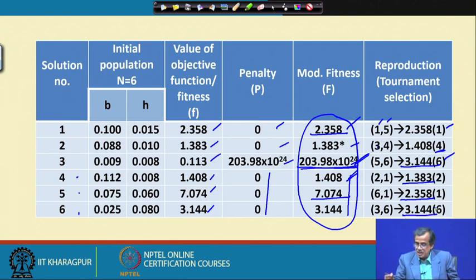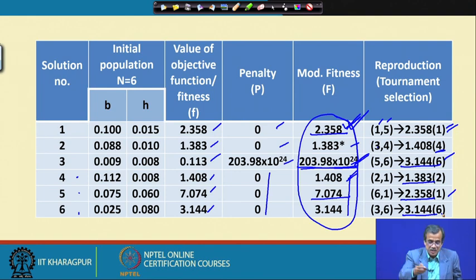Now, you can see the first one has been selected how many times? Once, twice. So, this particular solution has been selected twice. Then comes your second has been selected only once, fourth has been selected only once, and sixth has been selected only once.